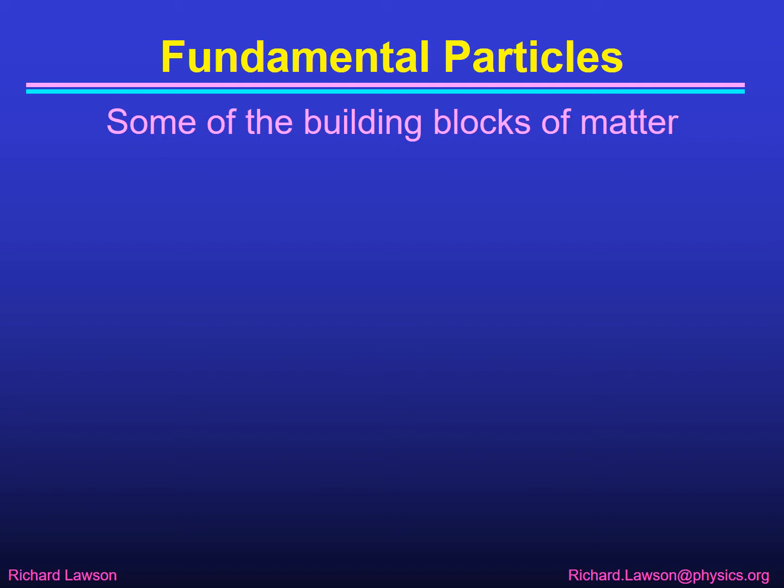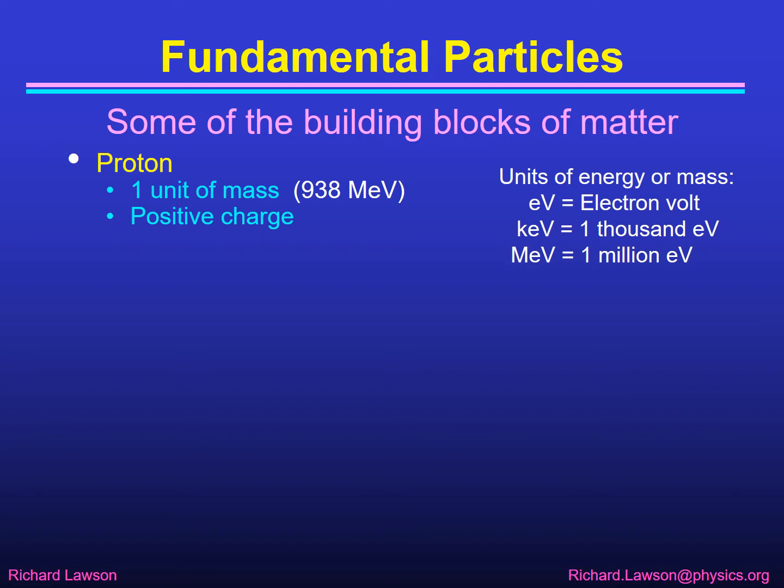So let's take a look at the fundamental particles that are some of the building blocks that make up matter. First of all, we have the proton, which has 1 unit of mass and a positive electric charge. I'm going to talk about mass in terms of units of electron volts, and I shall use this for both energy and mass because according to Einstein's equation E equals mc squared, energy and mass are equivalent, so I shall use the same units for both.